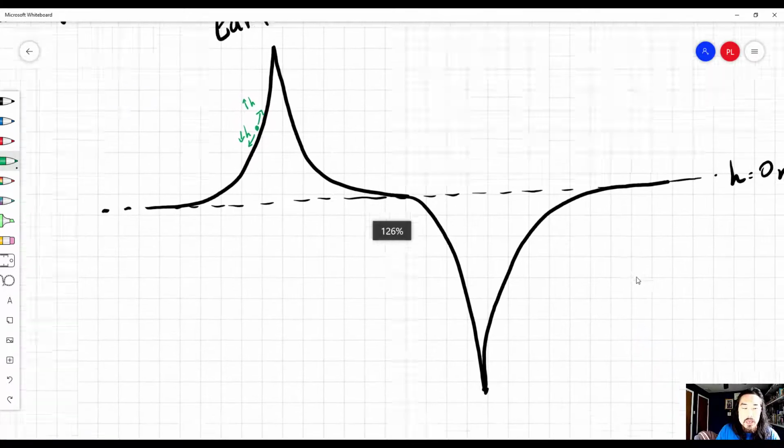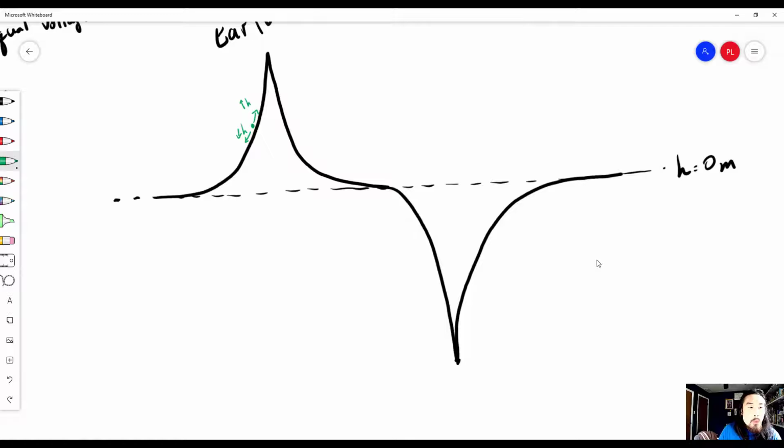Now, over here, we can go down into the valley, so that will be an increase in negative height, or we can go up out of the valley, and this will be a decrease. So we're going towards the positive, right? We have a decrease in a negative height. So those are two different ways of thinking about it.